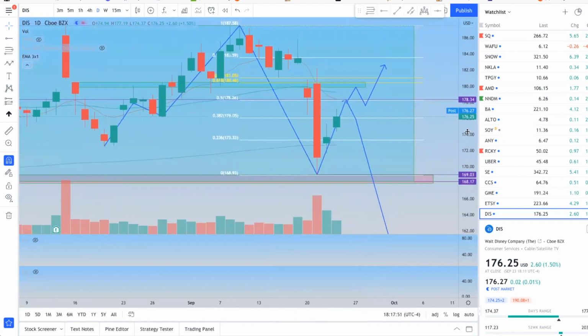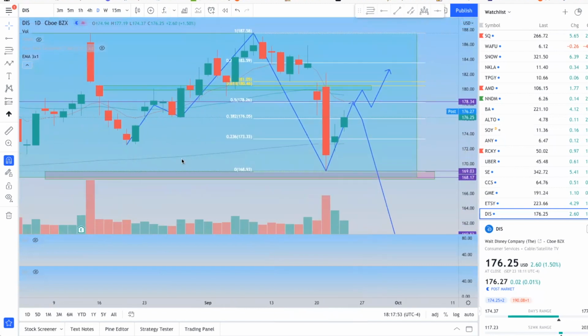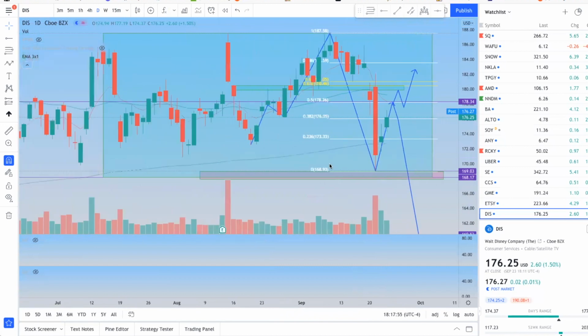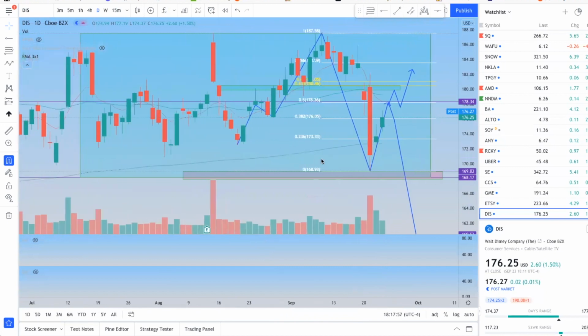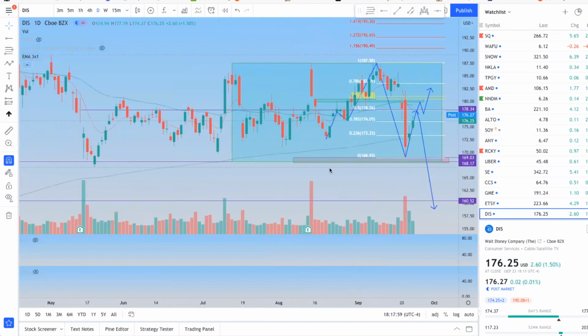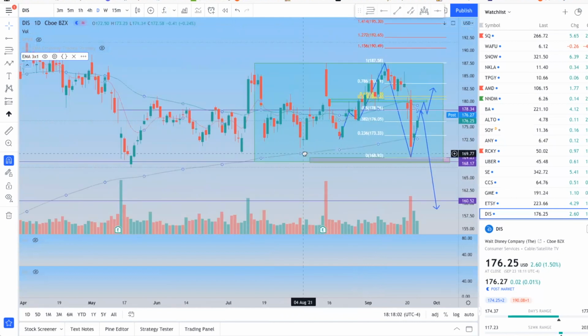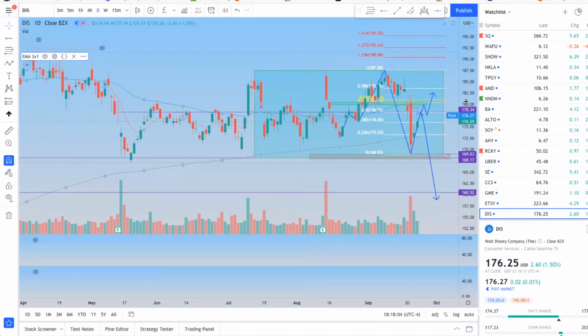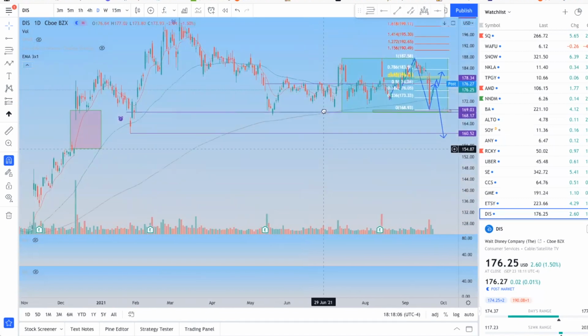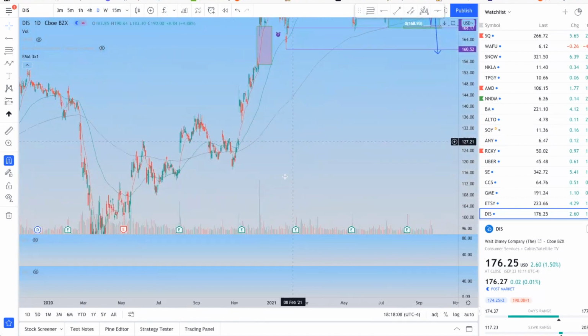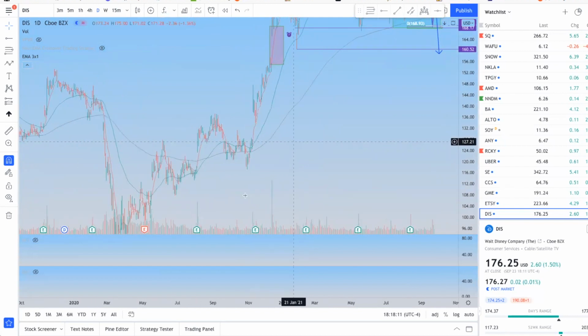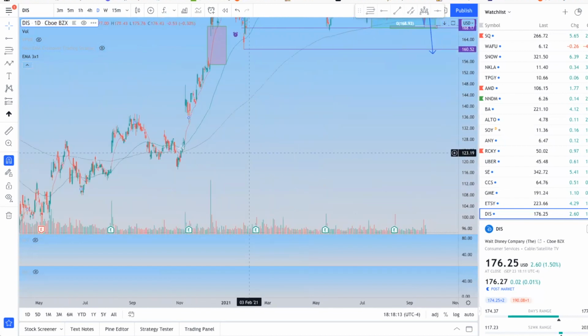The other reason why I called that 174 is because if you look at the 200 EMA, the gray line, you have to go back to pretty much November last year to see it below. And even though it was below, like even here, it bounced right away.